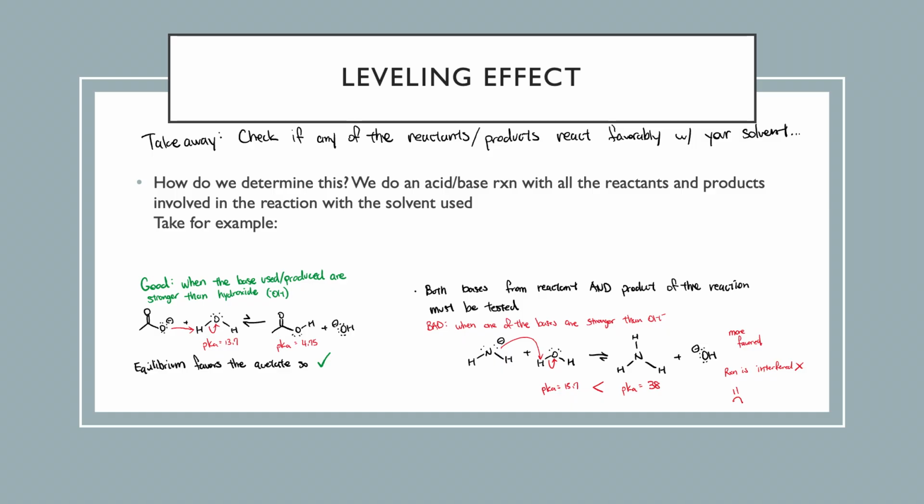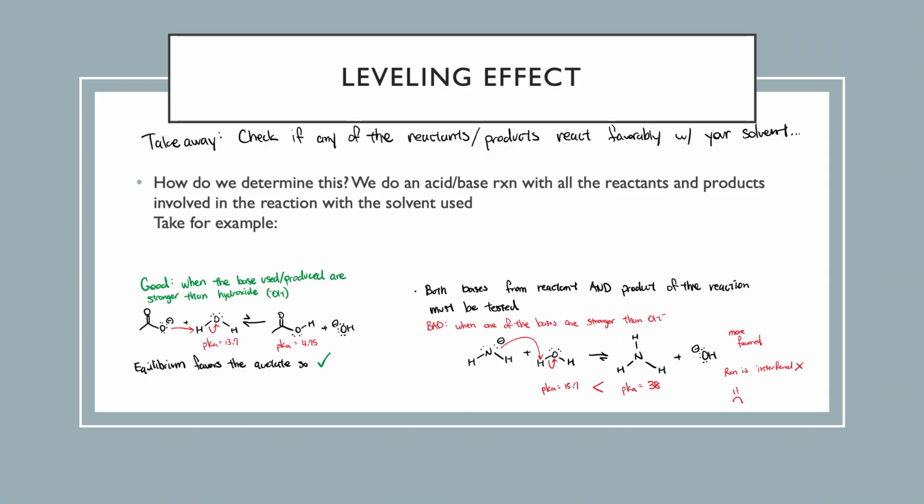The same goes for bases. If you use a base that is stronger than the hydroxide or its conjugate base, it will be favored and it will create a byproduct of hydroxides. A good example of this would be, say you have an acetate anion and you use water as a solvent.